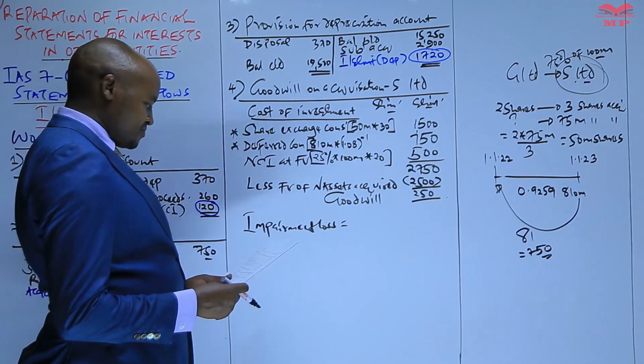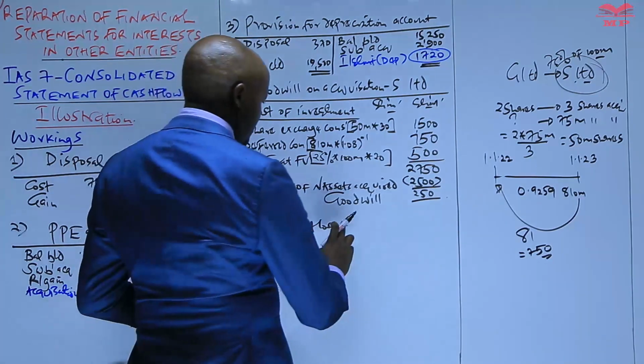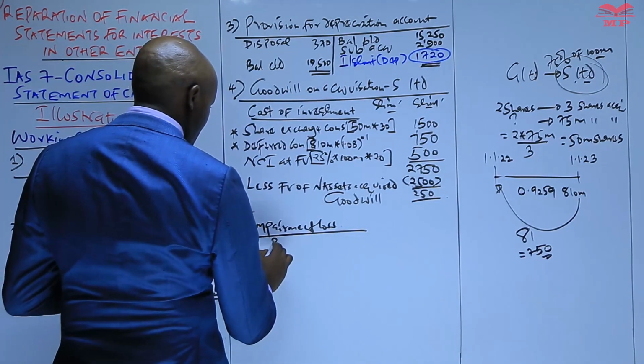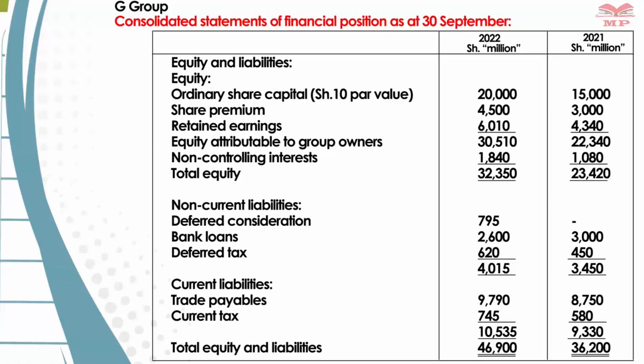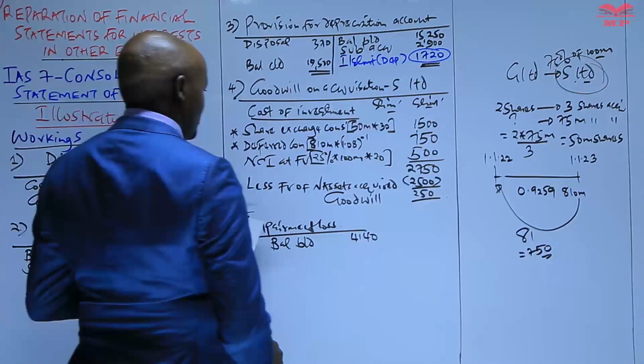We take the goodwill at the start of the year, that is the balance brought down. The value for goodwill, we get that in the consolidated statement of financial position at the non-current assets. So the goodwill at the start was 4140.